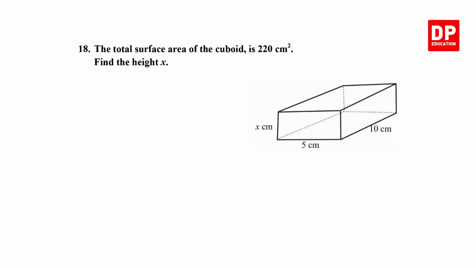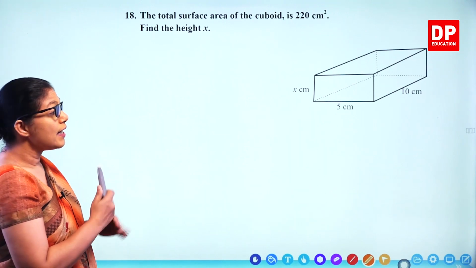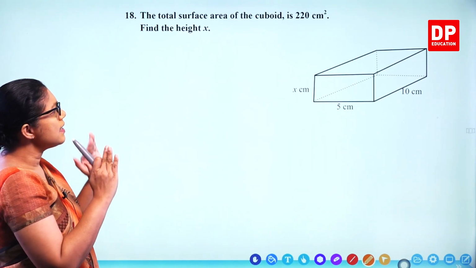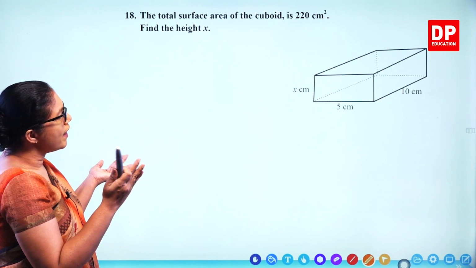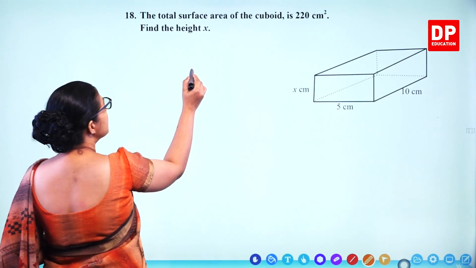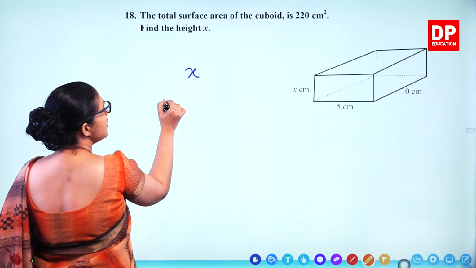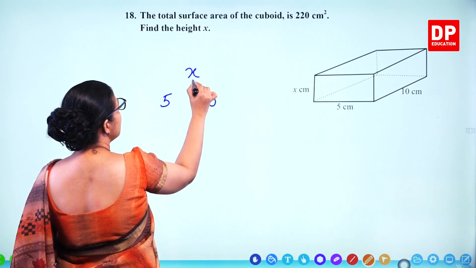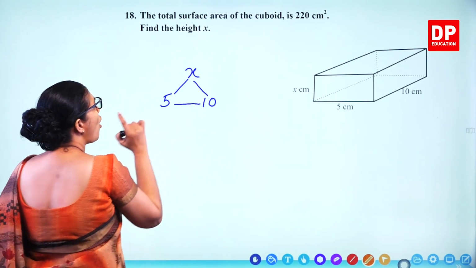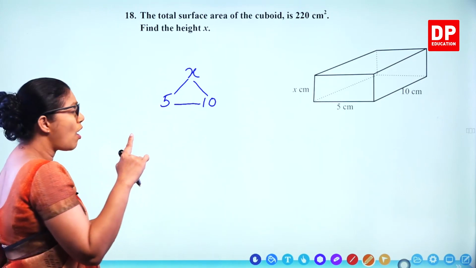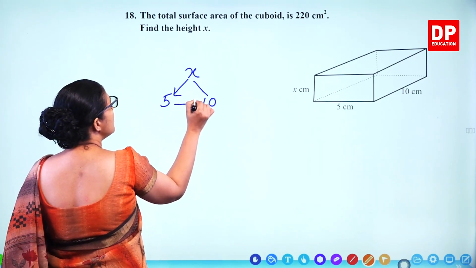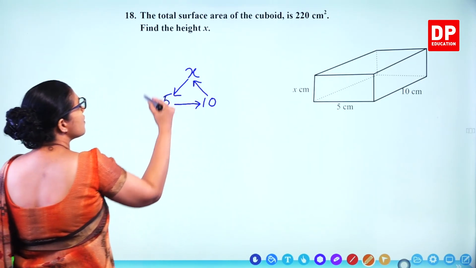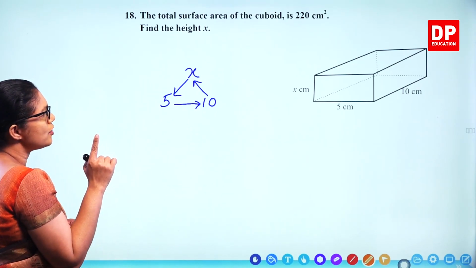Question number 18. The total surface area of the cuboid is 220 square centimeters. Find the height x. So how do you find out the surface area? You get 3 types of rectangles. So what's the first thing you do? You write these numbers in a triangle and you can write in order, either clockwise or anti-clockwise. So we'll do this way, and multiply by 2.